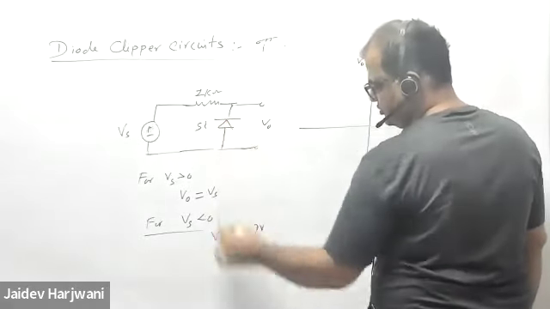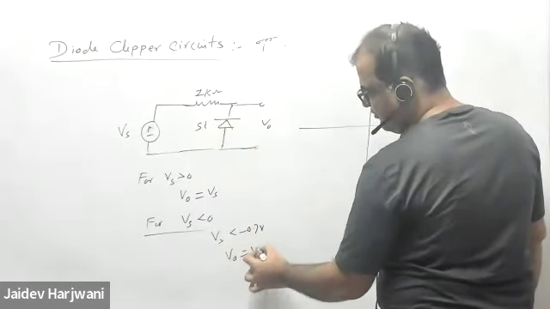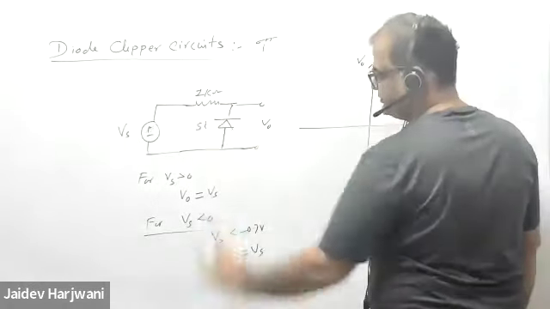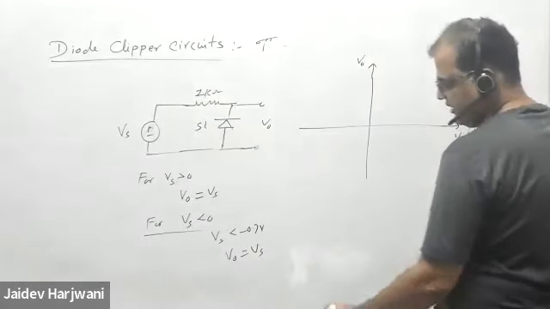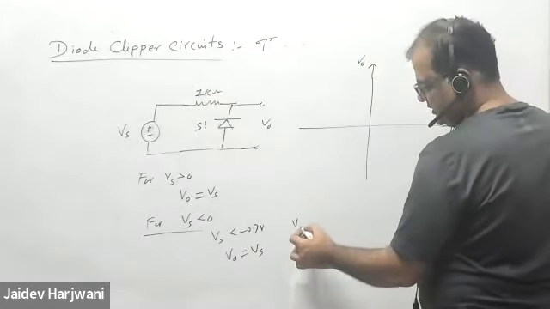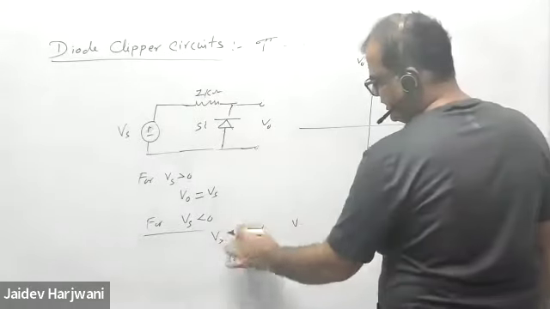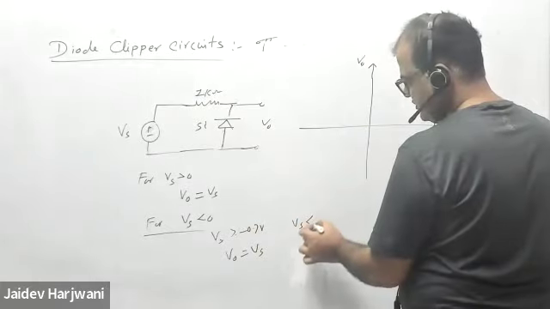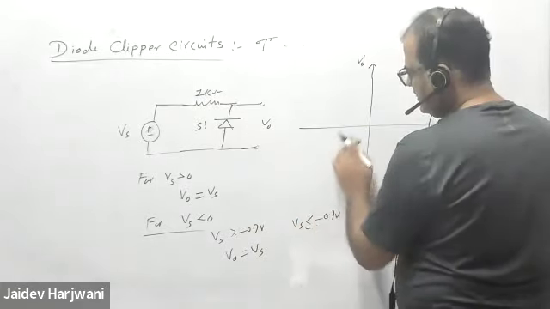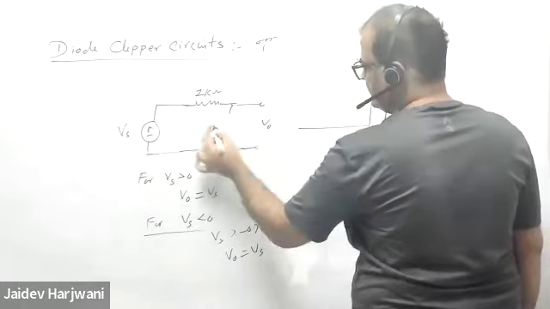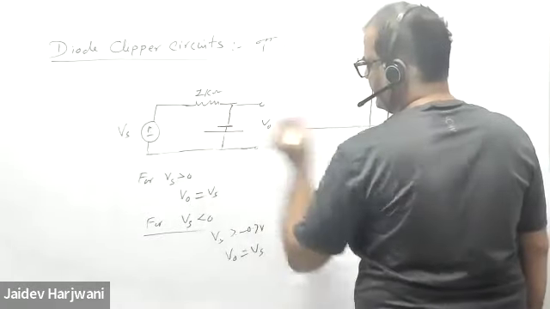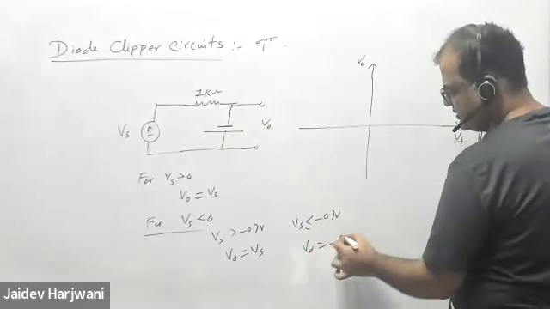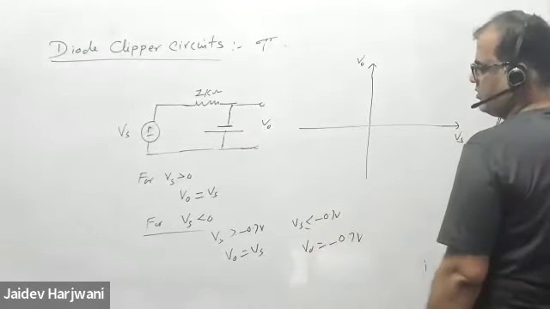So this will be open, and your V naught will again be equal to Vs, the same thing, for the negative cycle. And if Vs is less than minus 0.7 volt, then the diode will be replaced by a battery like this, and my V naught will become minus 0.7 volt.